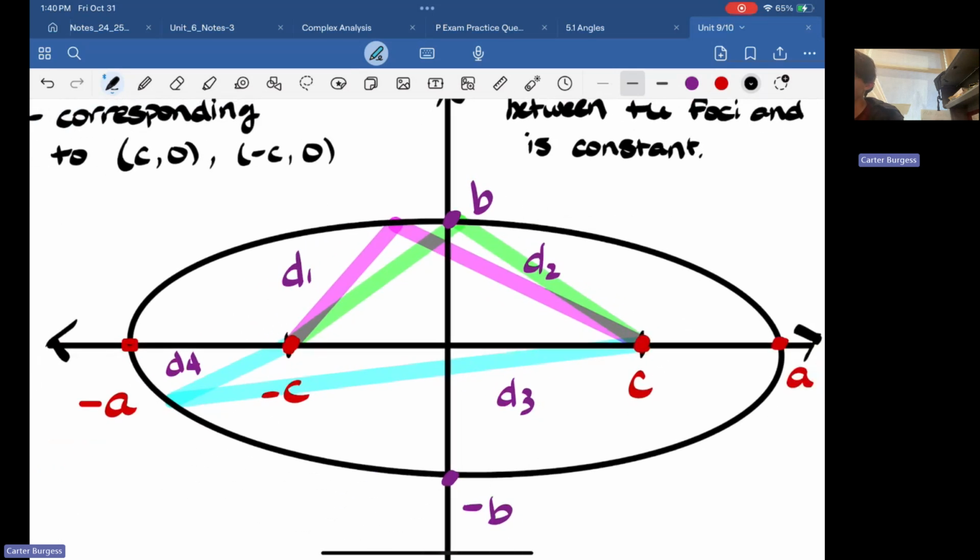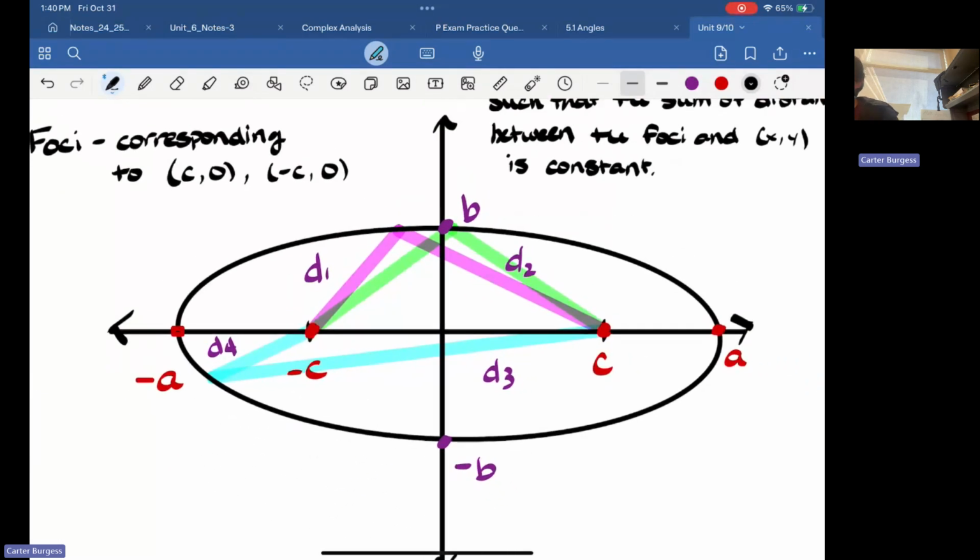So for instance, you'll notice here in the pink, I have drawn and labeled from my foci to a particular point on my ellipse, distances that I have labeled d1 and d2. And what this definition of the ellipse is saying is that it doesn't matter which point I pick, whether I'm comparing d1 and d2, or I picked a different point in blue here, and I've labeled those distances d3 and d4.